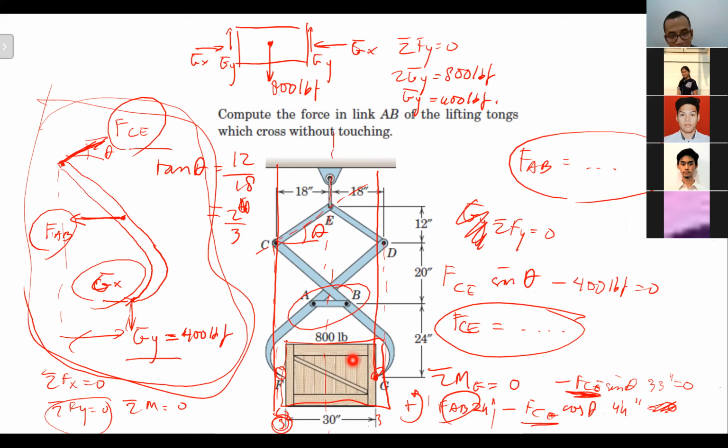If I do sigma moment at G, FCE is known at that time because I solved sigma Fy already. Then I can find FAB from sigma moment at G. Correct, right? Yeah, that's the logic behind that. Thank you.